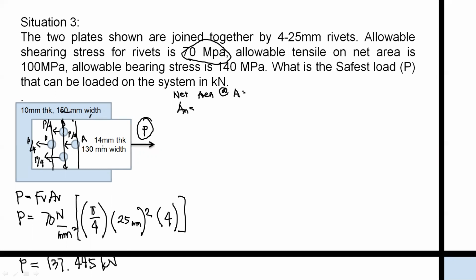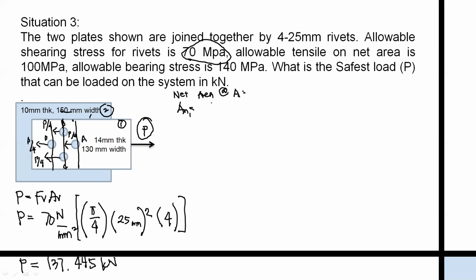The difference between the two: this one has a narrower width but a thicker thickness. This one has a wider width but a thinner thickness. So we will solve for both of them, for plate 1 and plate 2.